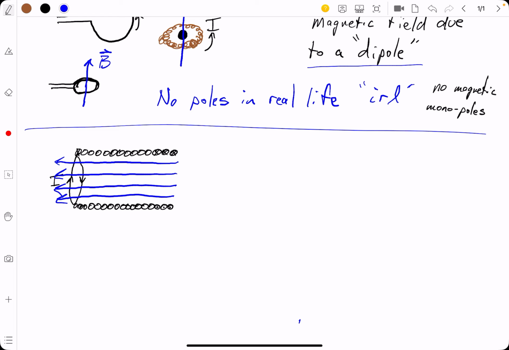And it's a uniform B field because we're saying this goes to infinity and this goes to minus infinity.